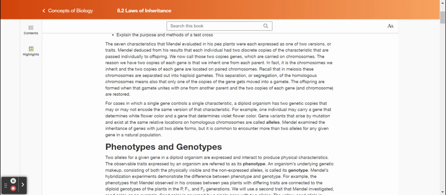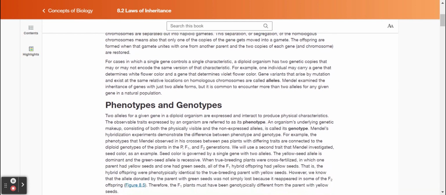Mendel examined the inheritance of genes with just 2 allele forms, but it is common to encounter more than 2 alleles for any given gene in a natural population.